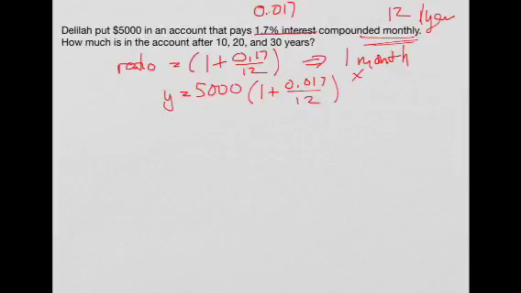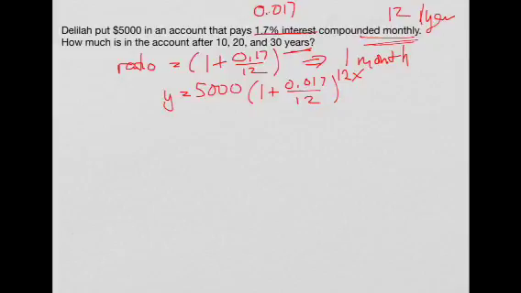And normally we'd say it to the x power, but this means x is in months. I'd rather have years. So I take care of that by making this 12x. So then x is going to give me, after 1 year, 12 times x is 12. I get 12 months for 1 year, 24 months for 2 years. So this is going to be my equation.